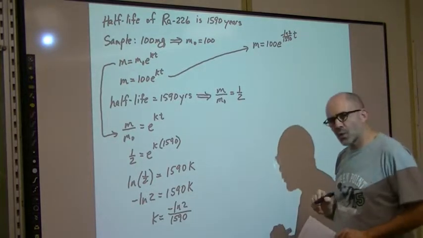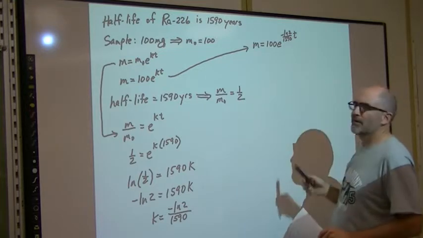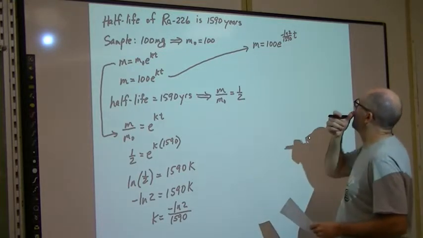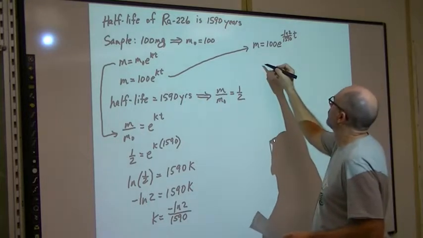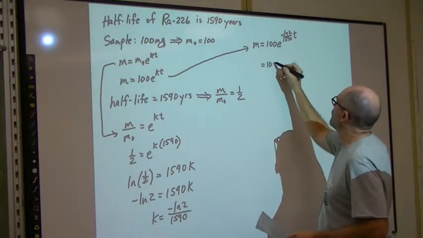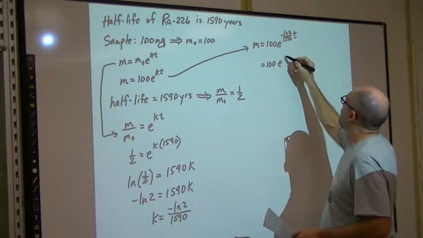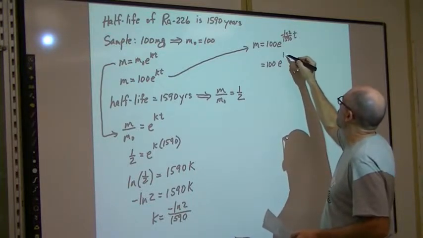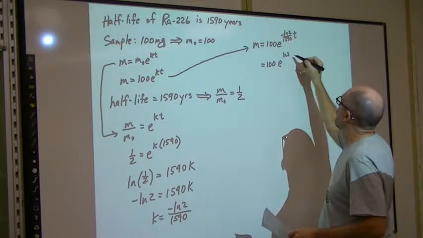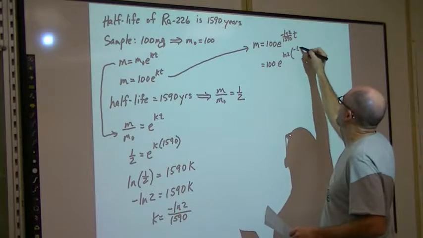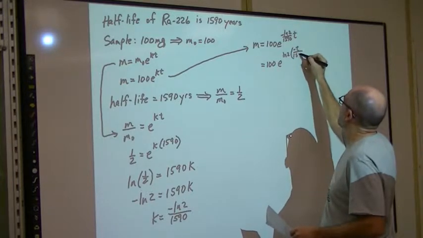Now, we could work with that, but it's not very convenient. So let's make it more convenient. What I'm going to do is say this equals 100 e to the natural log 2 times negative t over 1590.